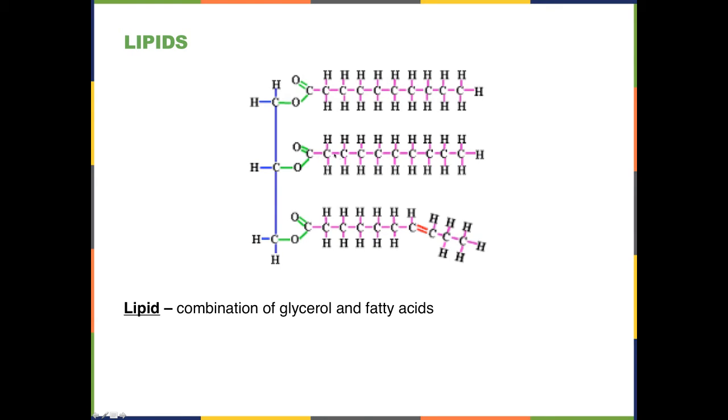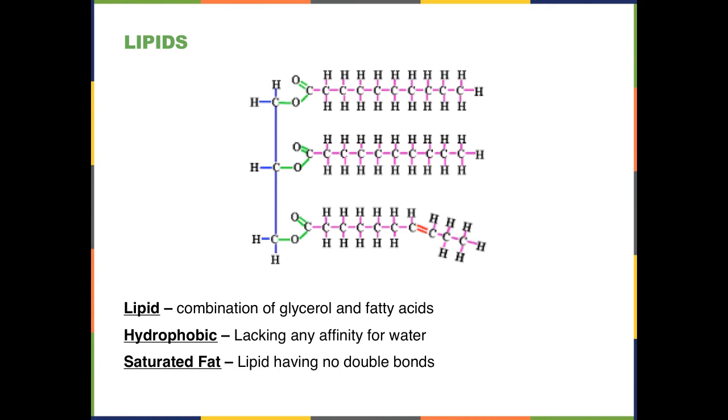You notice that at the top here, all of these have single bonds and as many hydrogens as it can possibly have. That is known as a saturated fat. A saturated fat is if all 3 of these were to have single bonds all the way across. But you see here there's a double bond.